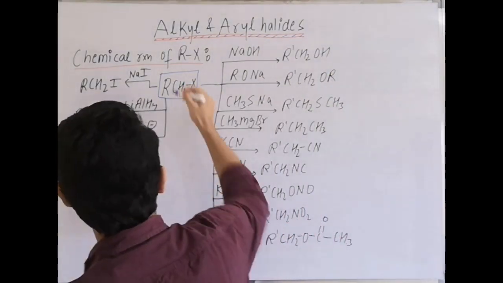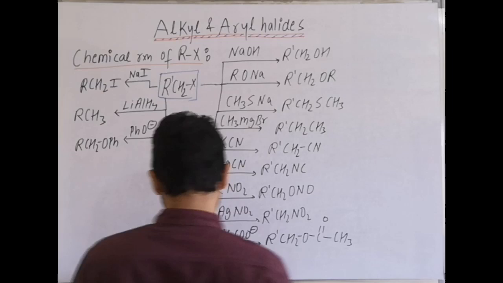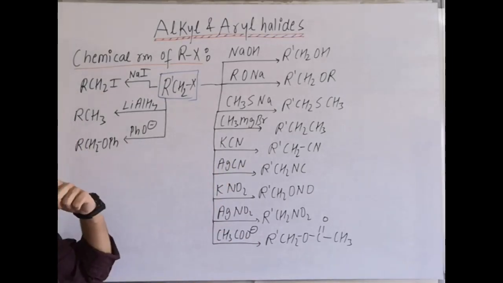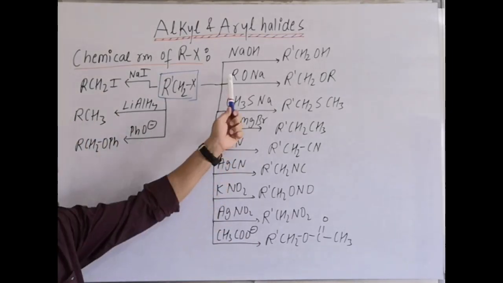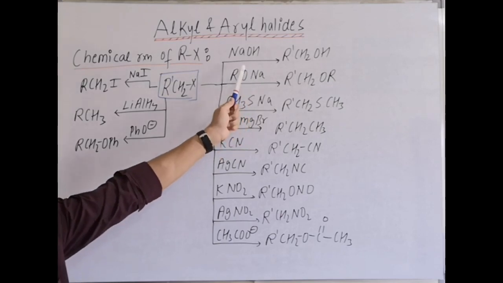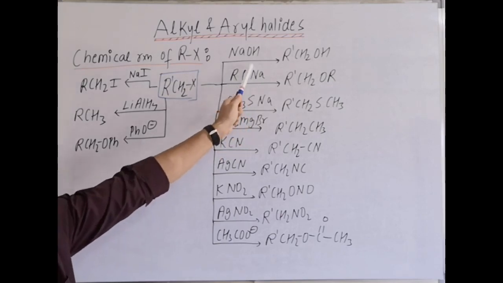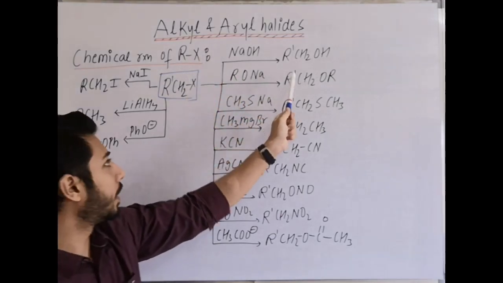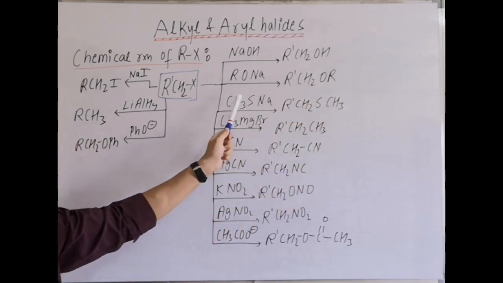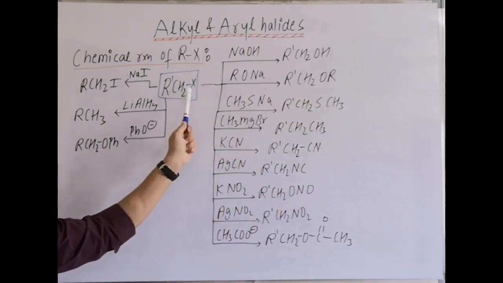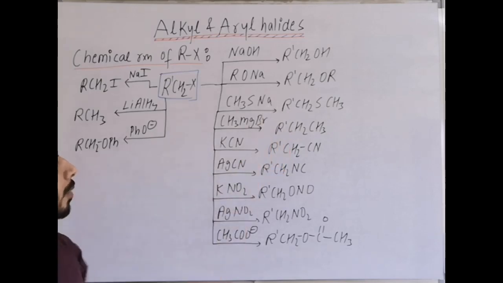Then the second reaction with RO minus, maybe we can take here CH3O minus or C2H5O minus. X minus leaves, the strong nucleophile substitutes, and it forms R'CH2OR. Third, CH3S minus acting as nucleophile, that is the product formed.